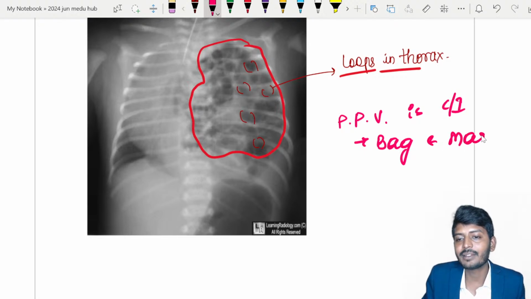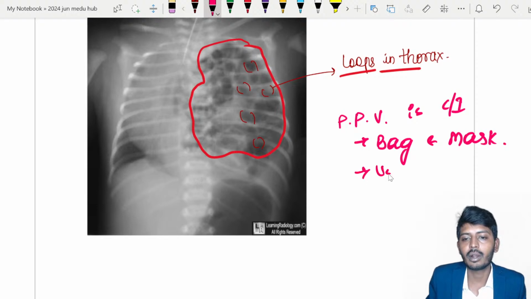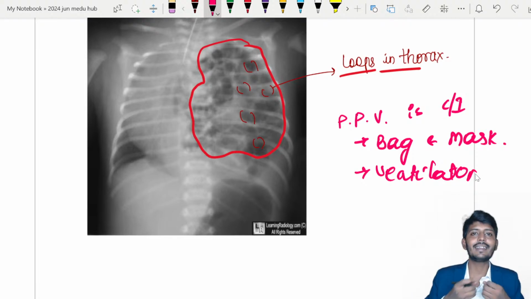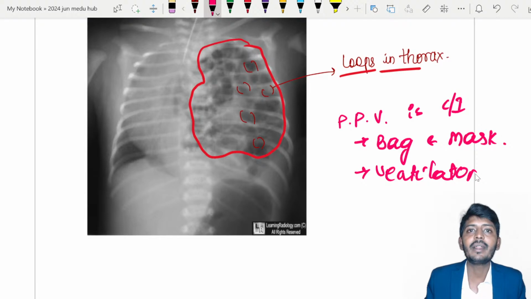But no, bag and mask is contraindicated, and even the ventilator is contraindicated, because one lung is not developed. If you send air forcefully inside, it will damage or rupture part of the lung. That is why we avoid positive pressure ventilation.